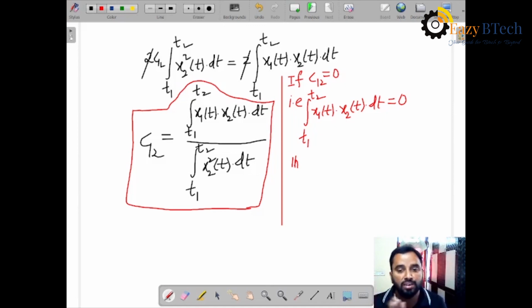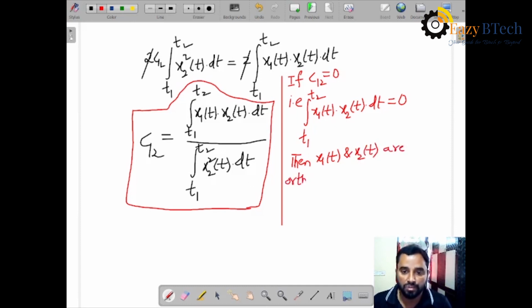We are checking orthogonality of two functions over t1 to t2. Suppose t1 is 9 and t2 is 9.5. So over 9 to 9.5 we are checking orthogonality between x1 of t and x2 of t over a certain interval. Then x1 of t and x2 of t are orthogonal.